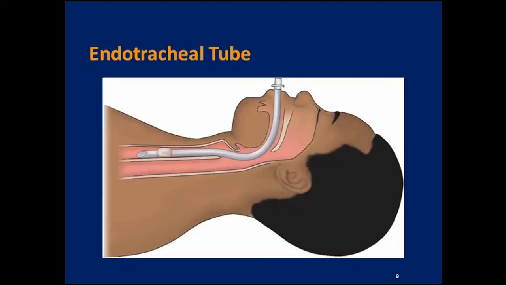We don't tie people down anymore the way we used to. When I was working in ICU, anybody that had an ET tube automatically got wrist restraints. And we don't do that anymore. If the patient is awake and cooperative, only lightly sedated, then we may not put them in restraints if we know that they're not going to pull at that tube.